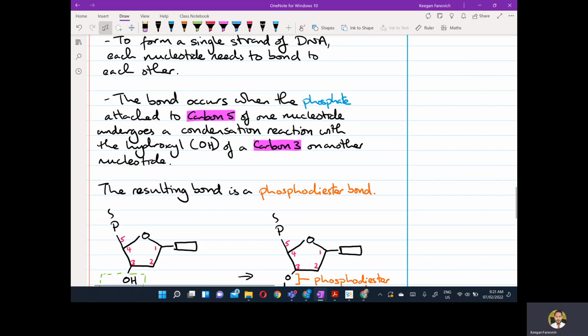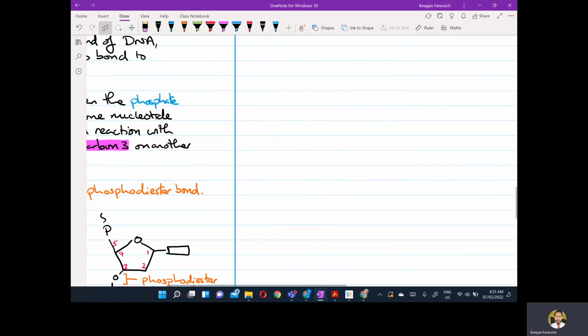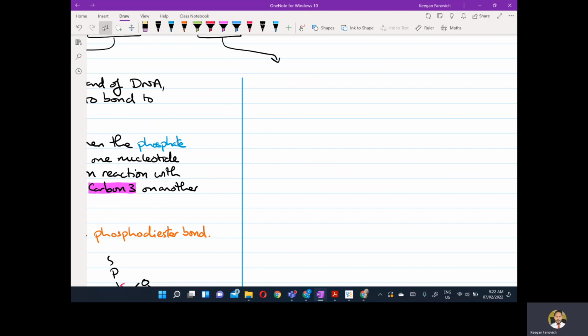Okay. So the antiparallel nature, if you're writing at the same time as me and you're thinking it's looking bad, don't worry about it. You can just write this below because it's not really much anyway. All right.